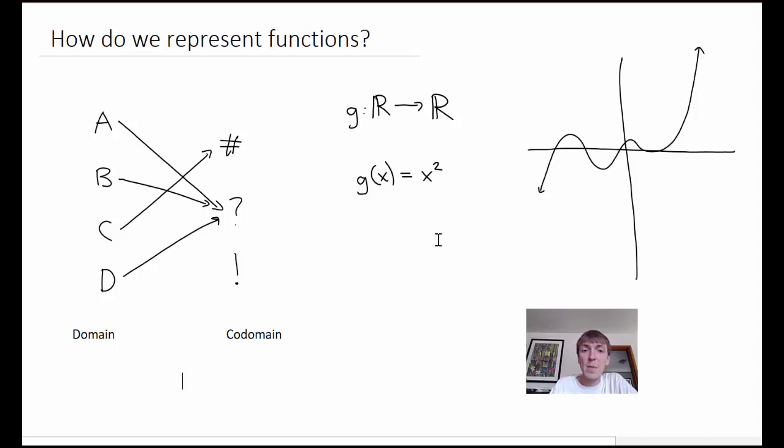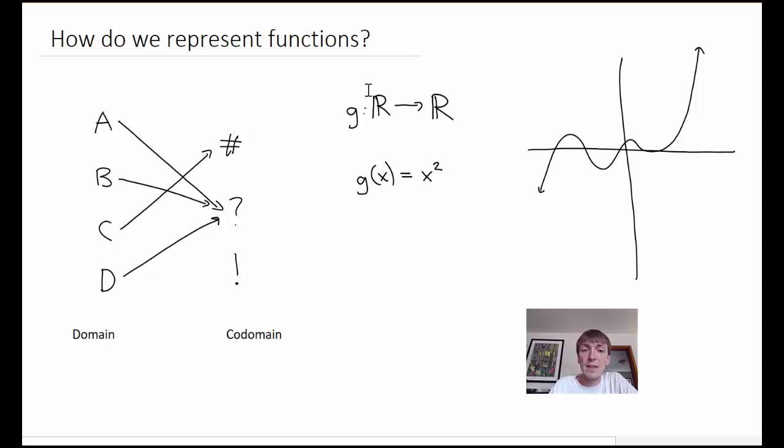All right, so this thing in the middle is going to introduce, I think, a little bit of new notation for us. Okay, so what this is trying to say is that g is a function that takes the set of real numbers to the set of real numbers.